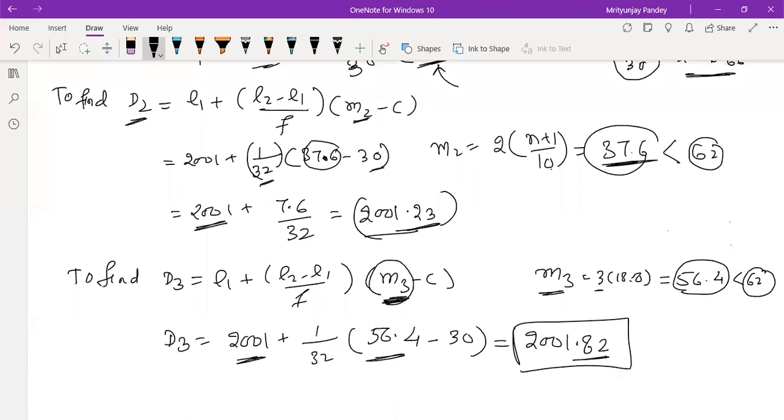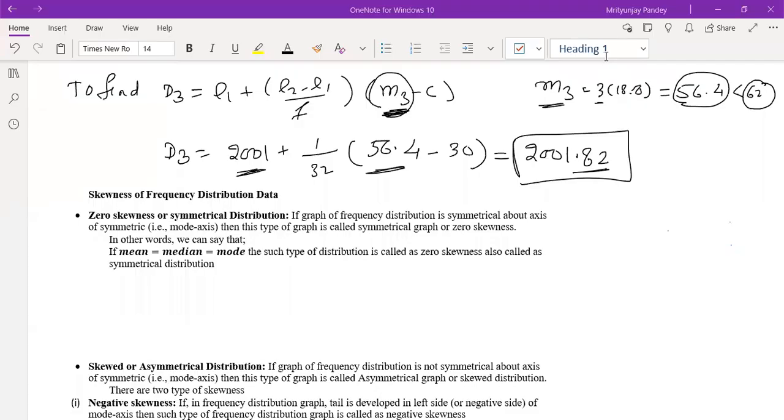So finally, we have covered mean, median, mode, quartile, decile, and moment. Now, some problems based on skewness and kurtosis. What is the meaning of skewness of frequency distributed data? Suppose you have frequency distributed data, and when you plot it on the x-axis and y-axis, the graph looks like this.